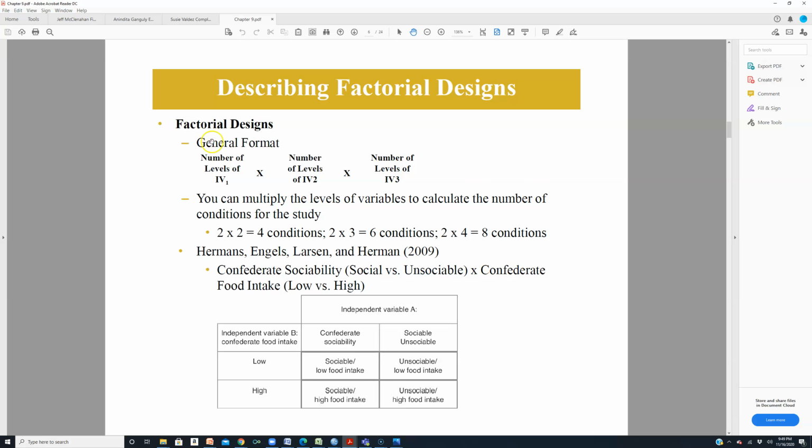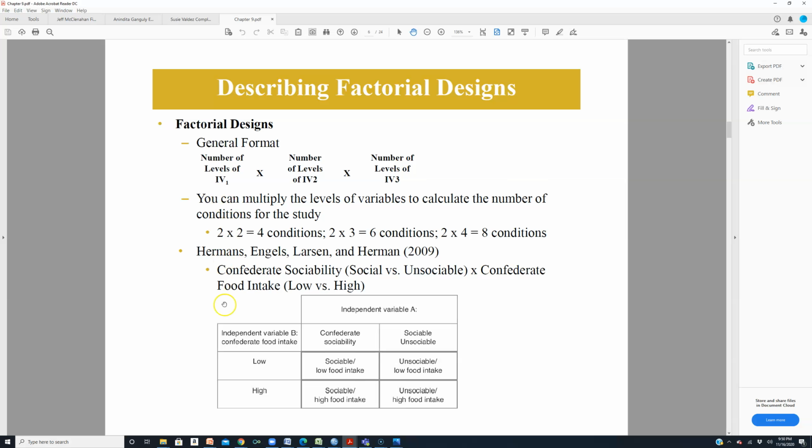Again, the equation tells me how many variables I have because each number represents a variable, and the number itself tells me how many conditions or levels are in that factor, okay?